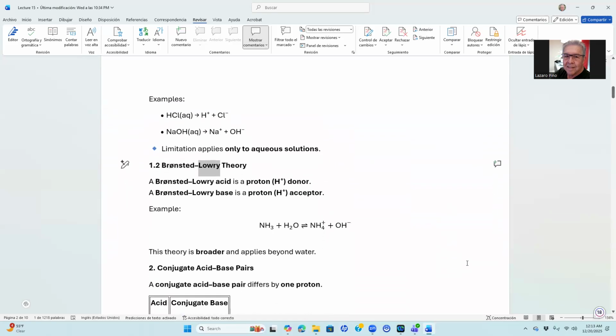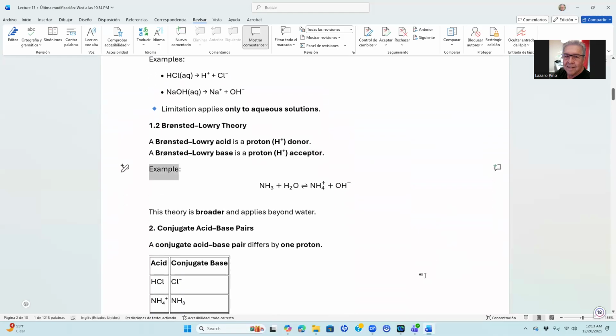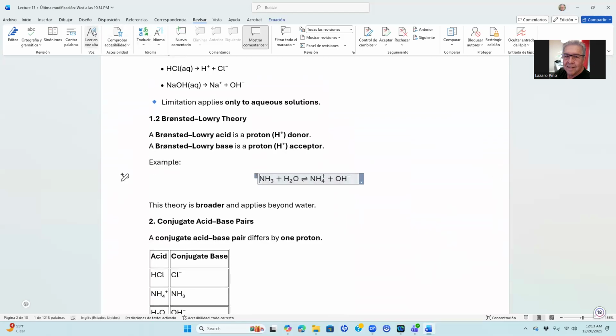1.2 Bronsted-Lowry theory. A Bronsted-Lowry acid is a proton, H+, donor. A Bronsted-Lowry base is a proton, H+, acceptor. Example: ammonia plus water produces the ammonium cation and the hydroxide anion.